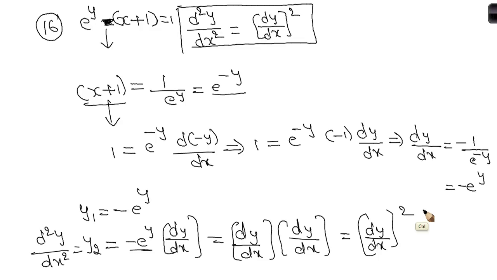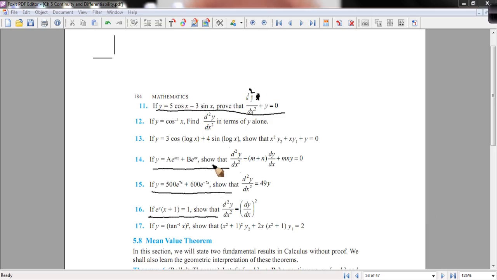Next question. If y is equal to tan inverse of x whole square, then I need to show that x square plus 1 whole square into y2 plus 2x into x square plus 1 into y1 is equal to 2. Don't be afraid of such big terms.